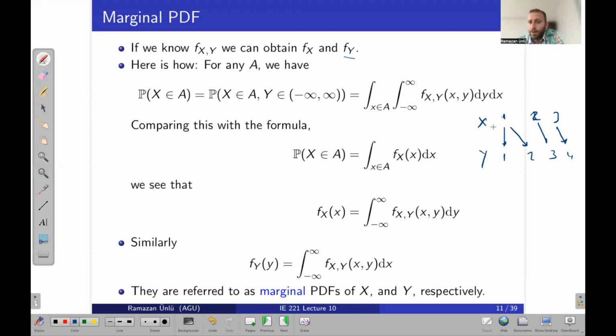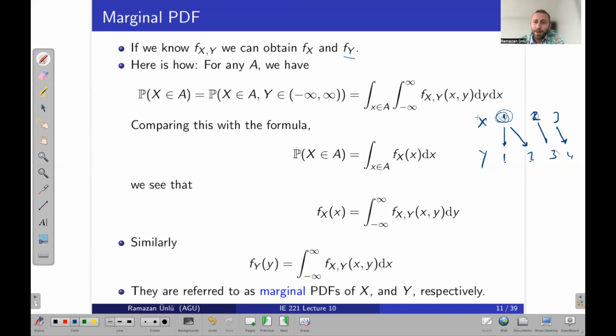If I want to calculate the PMF of x, let's say that is discrete, remember that it gives me the probability for each possible x value, right? What am I doing? I'm fixing the x value and going over all possible y values, right? If I fix x to 1, y can take 1 and 2. If I fix x to 2, y can take 3.